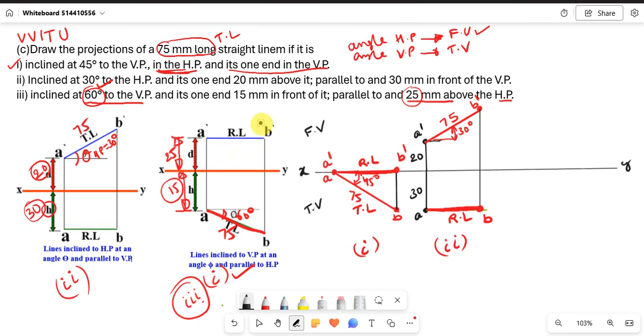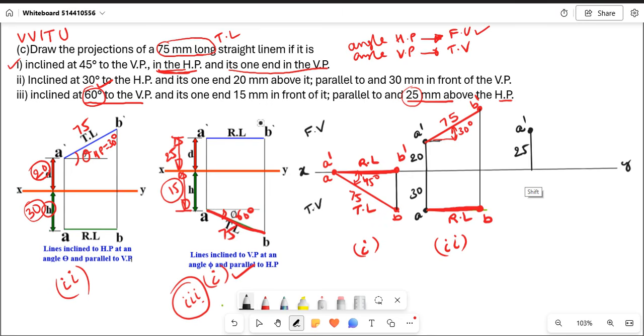First of all, locate the A dash point at a distance of 25. Now the top view A point at the distance of 15. So we marked one end of the line. Now draw the final solution.